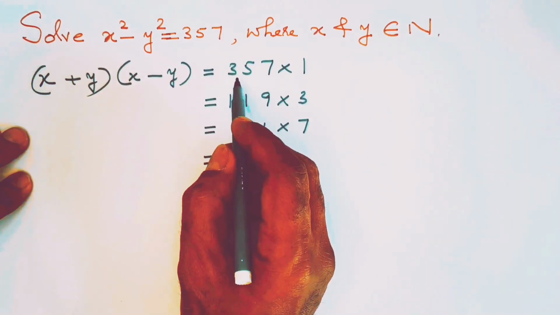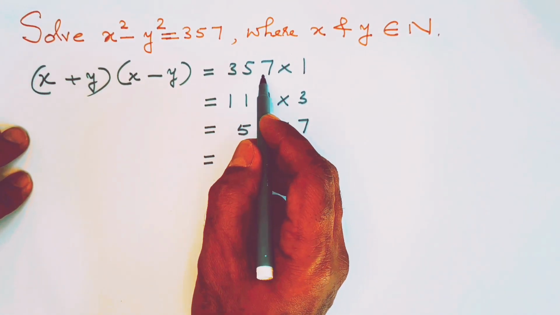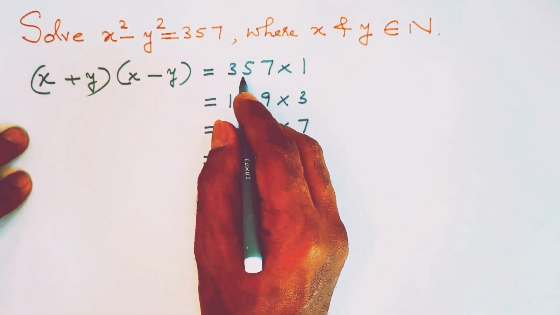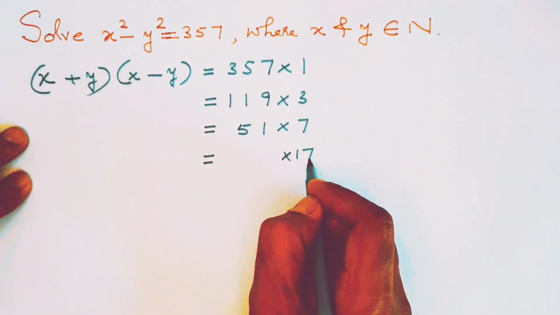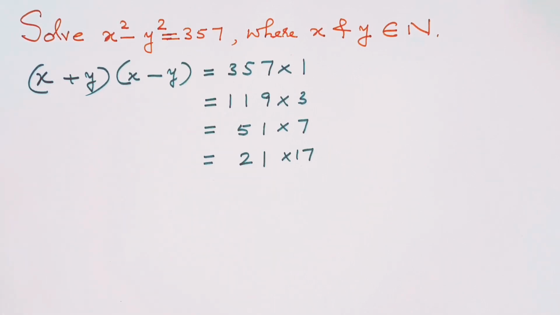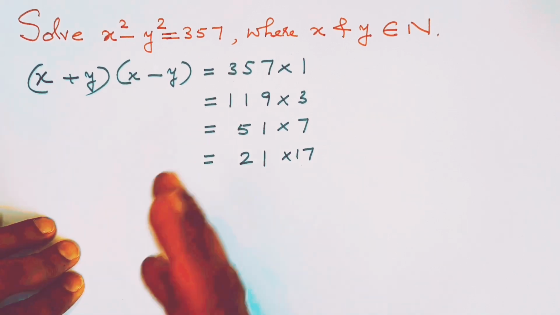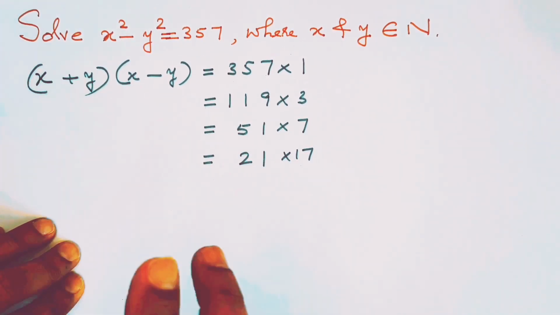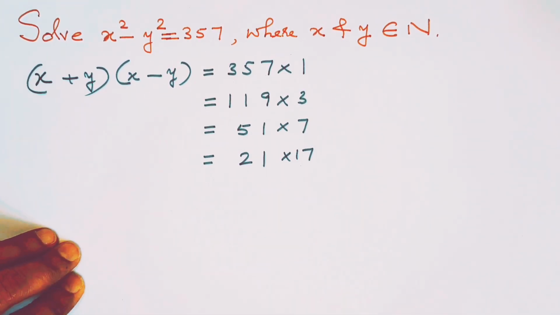Yeah, 17 will easily go into 357 again. So when you divide this number by 17, the other term will be 21. So we have split 357 into a product of two numbers in four different ways. Let me tell you, these are the only four ways. You cannot split 357 in any other ways.